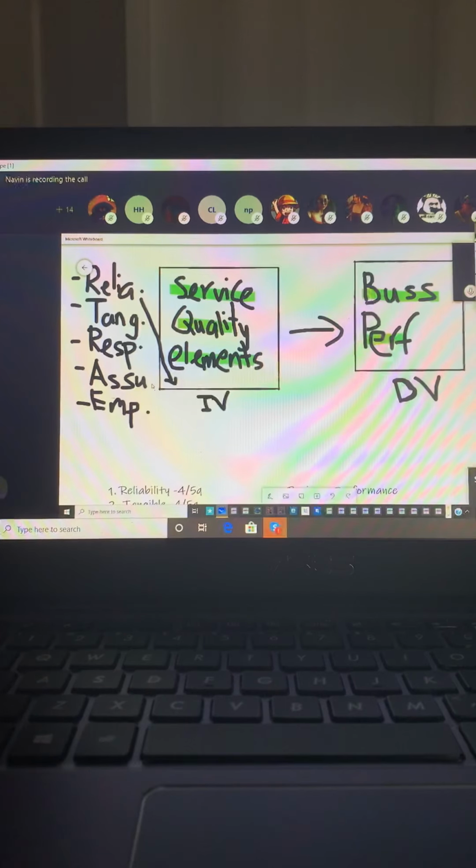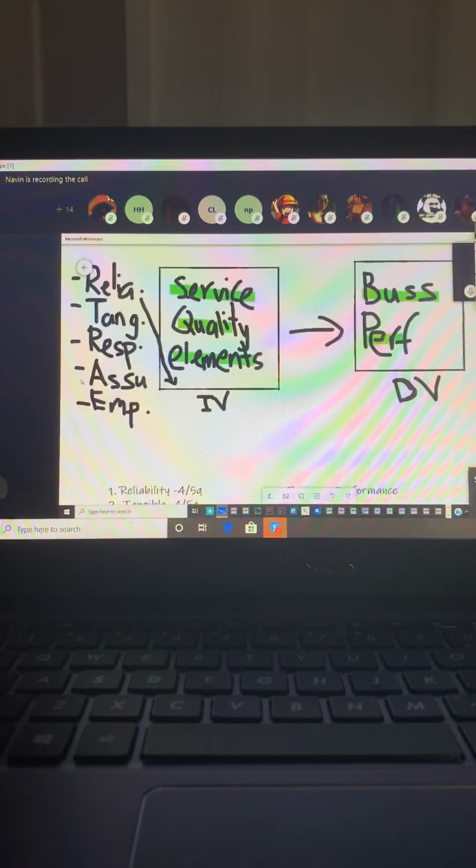The second one is to study the relationship between reliability and business performance. The third is to study the relationship between tangible and business performance. The fourth is to study the relationship between responsiveness and business performance.